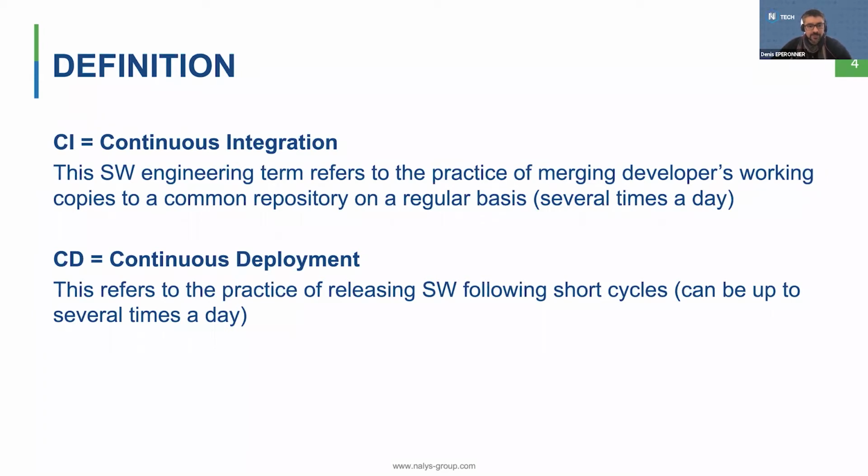CD, continuous deployment. This term refers to the practice of releasing software in short cycles. So again, instead of having cycles of weeks, months, the goal here is, with the help of a CD system, to reduce that. Could be up to several times a day eventually.